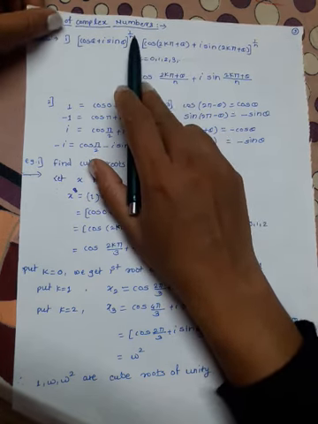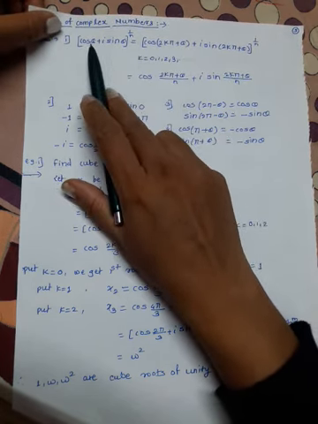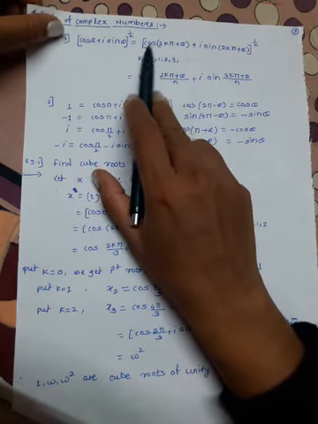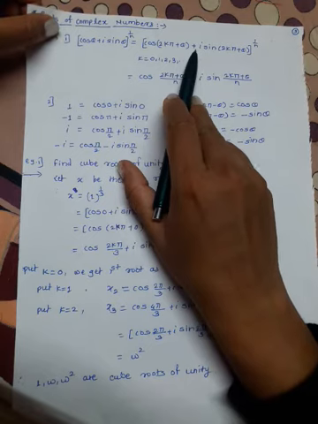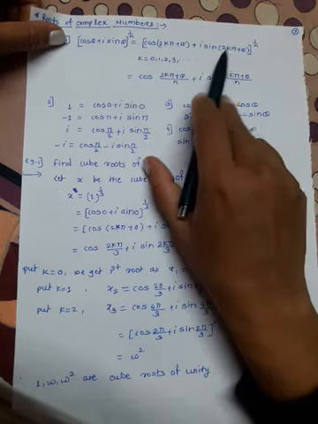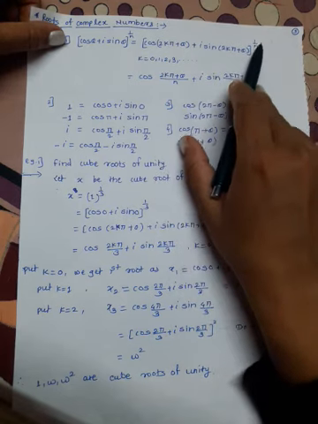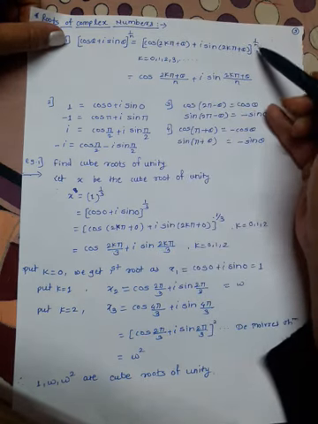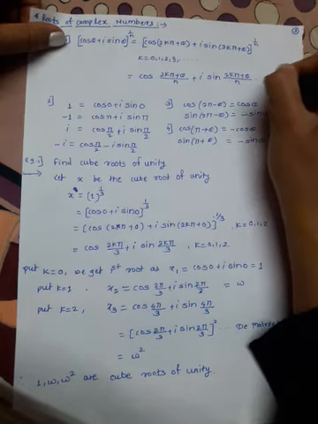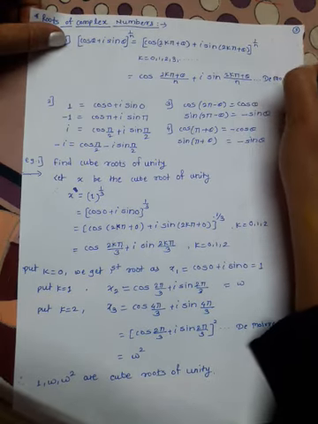Before taking 1 by n inside, you have to add 2k pi to the theta. This is the step: cos of 2k pi plus theta plus i sine of the same angle. You have to put the same angle, like cos 2k pi plus theta, raised to 1 upon n. Now you can take 1 upon n inside using De Moivre's theorem.